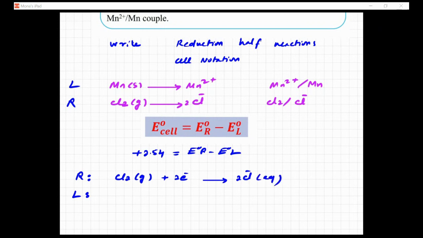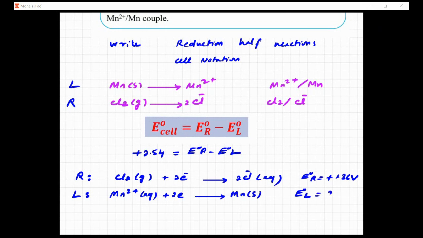And of course we go to the table and read E standard, E right, which is equal to plus 1.36 volt, right from the table. Now the left is going to be Mn2+ aqueous plus 2 electrons giving Mn solid, and that is the E left.